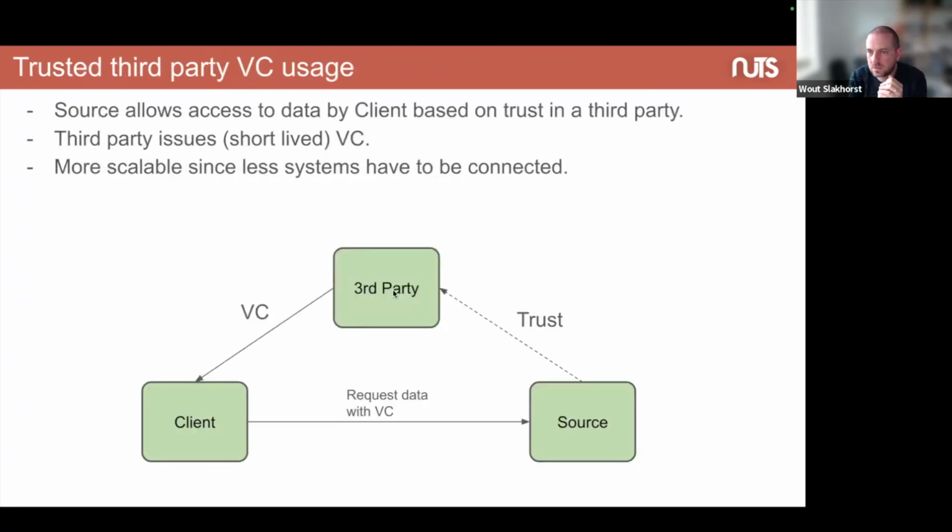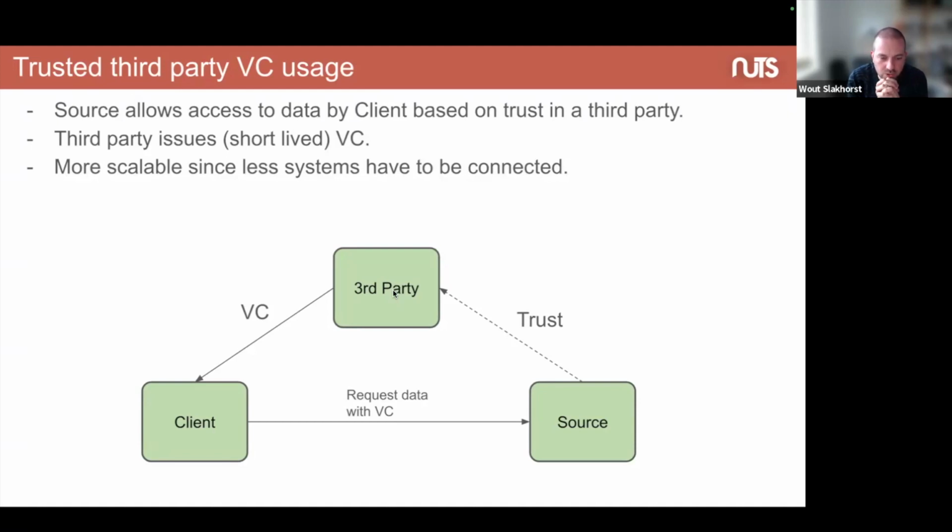If you look at verifiable credential usage with a third party involved, then there's a real valid point in issuing credentials for authorizing a party. What is the case? There's a source and they allow access to data by a client based on trust in a third party.